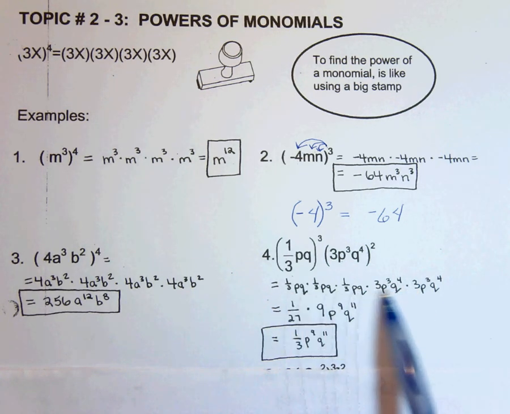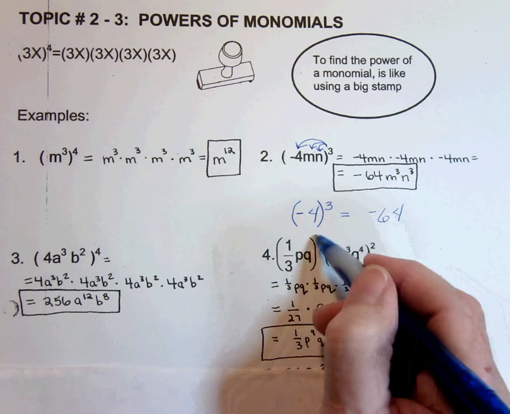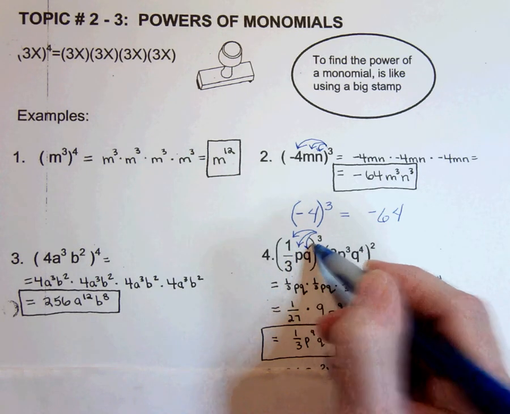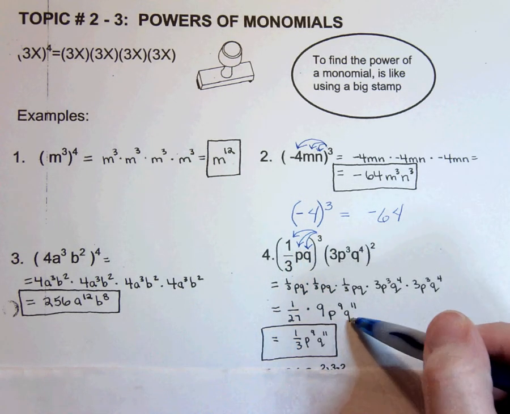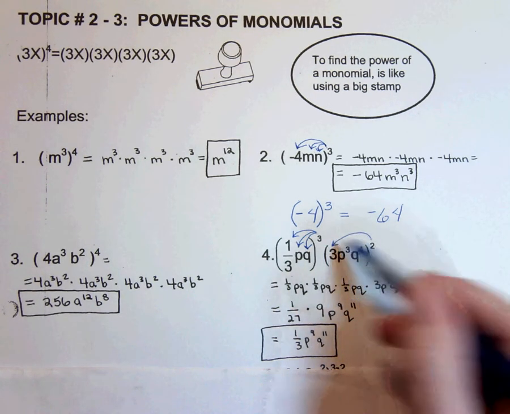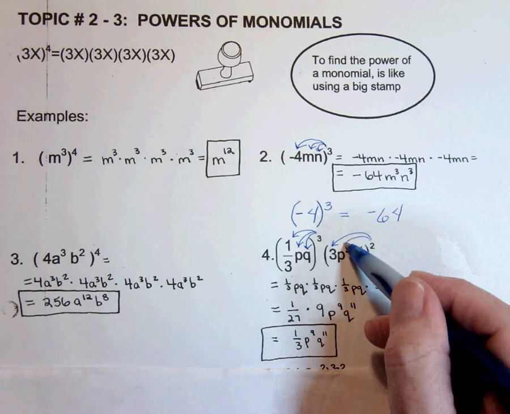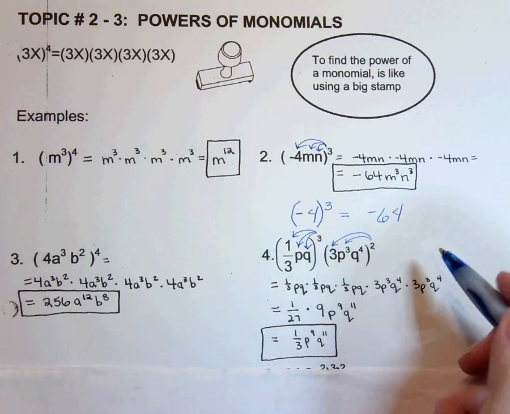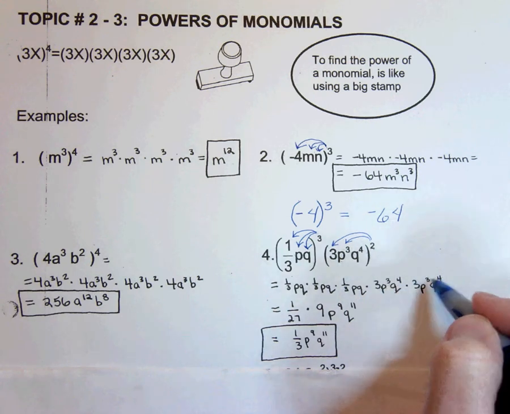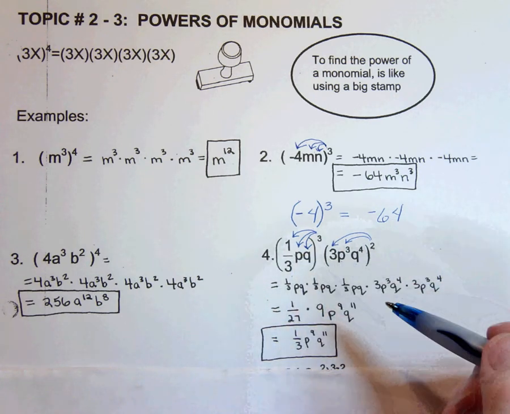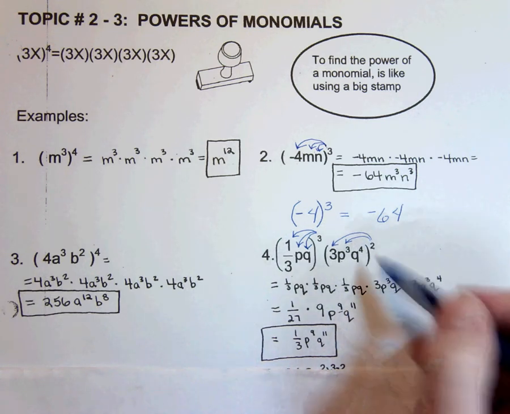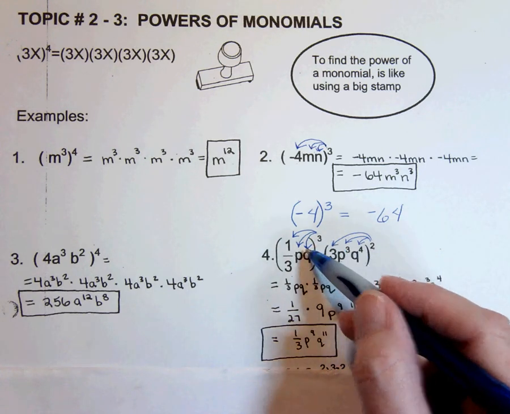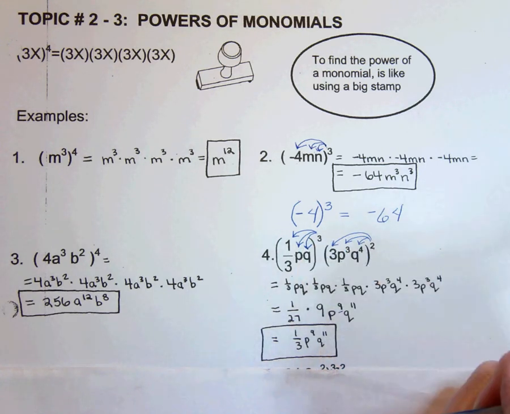If it helps, break it into this, but if you can look at it with just the arrows, just distributing each thing, then you can also get to this step, because this is raising 3 to the power of 2. P, you're multiplying that together to get 6 of them, but you already have 3 of them over here, so 6 and 3 is 9. And then the Q is to the 8 here and the 1 here, and that's why you have 8 and 3, which is 11.